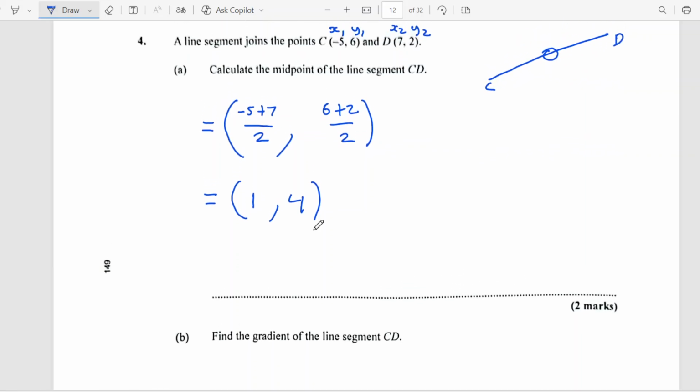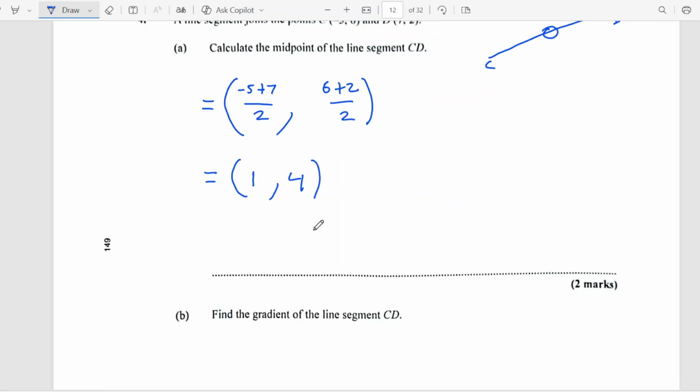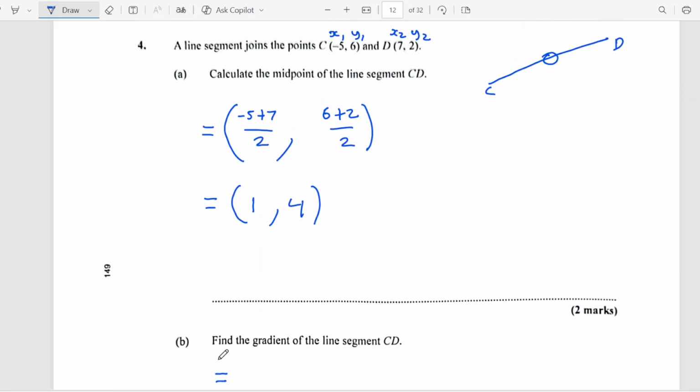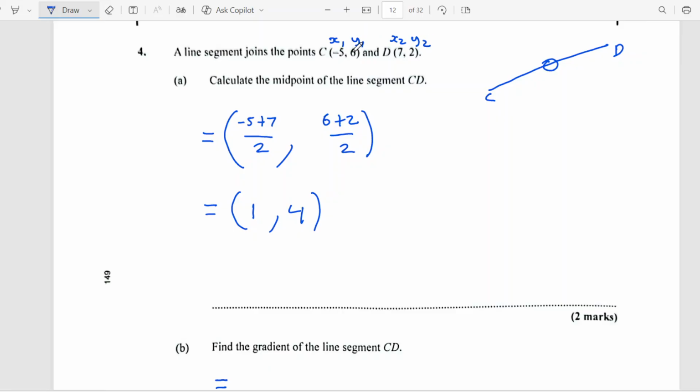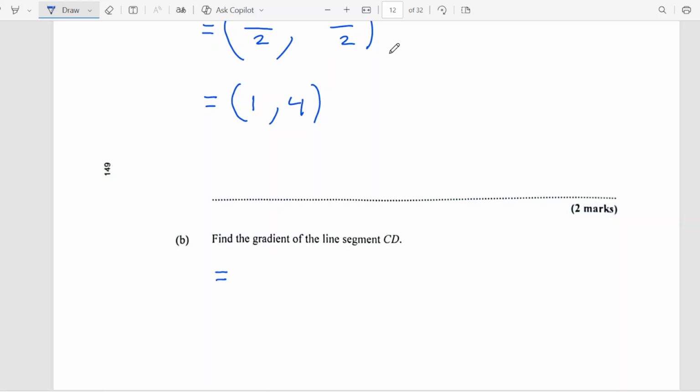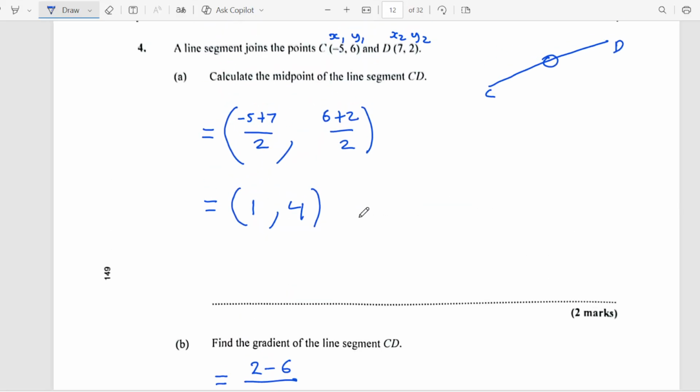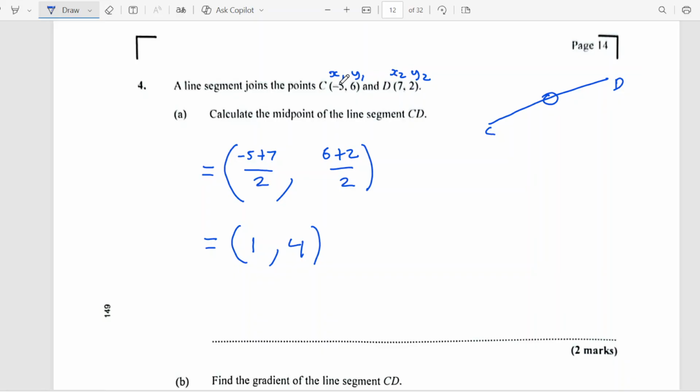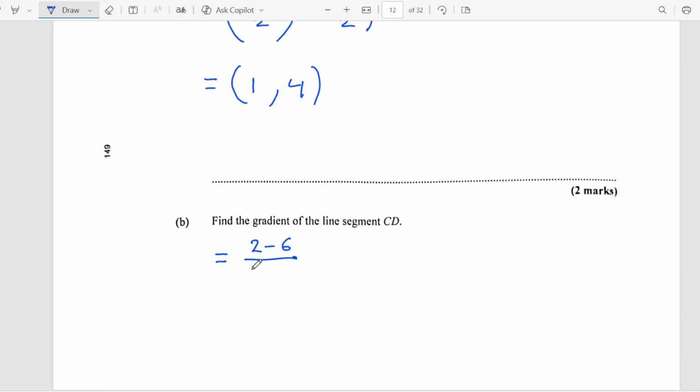Then we are asked to find the gradient of the line segment CD. The gradient is given by y2 minus y1. So y2 and y1, so that is 2 minus 6 over x2 minus x1, 7 minus negative 5. 2 take away 6 is negative 4. 7 minus negative 5 becomes a plus, so that is 12.